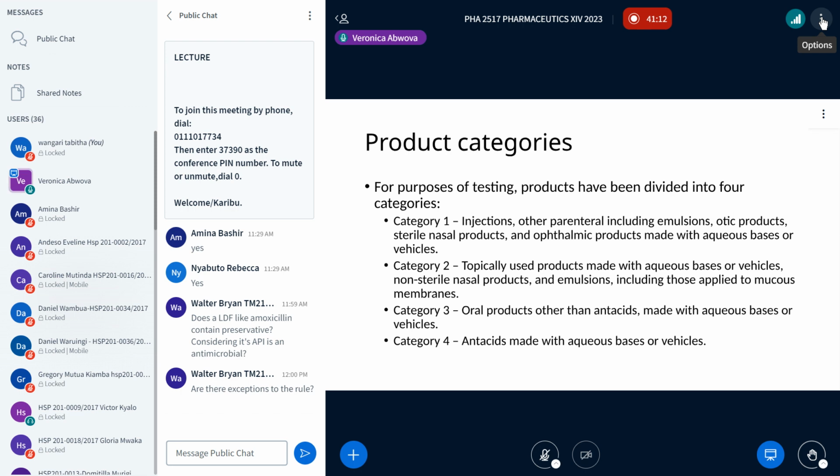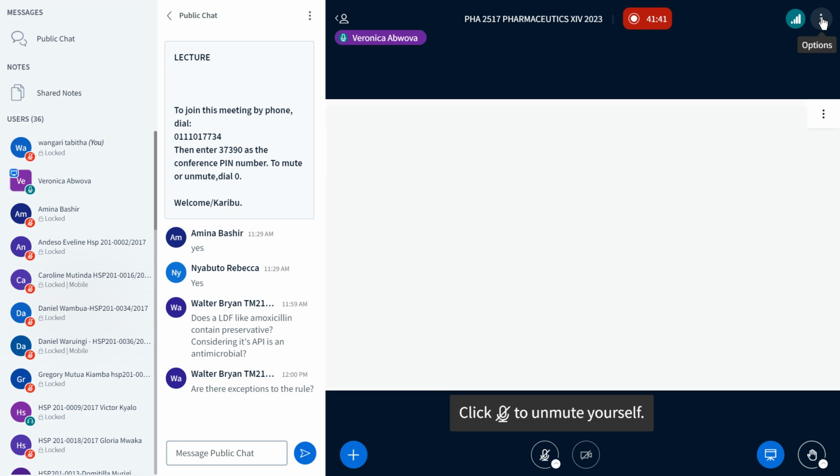Then we have category 2: topically used products made with aqueous bases or vehicles, non-sterile nasal products, and emulsions, including those applied to mucous membranes. Then category 3: oral products other than antacids made with aqueous bases or vehicles. And category 4, which is composed of the antacids made with aqueous bases or vehicles.